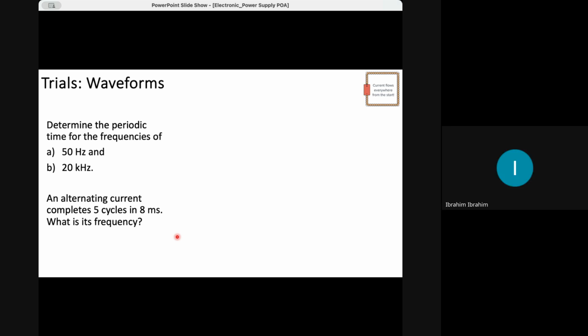So in that case, do you have to divide by 1,000? You multiply by 1,000. So then it is 2.0 times 10 to the power negative 4 seconds, sorry.